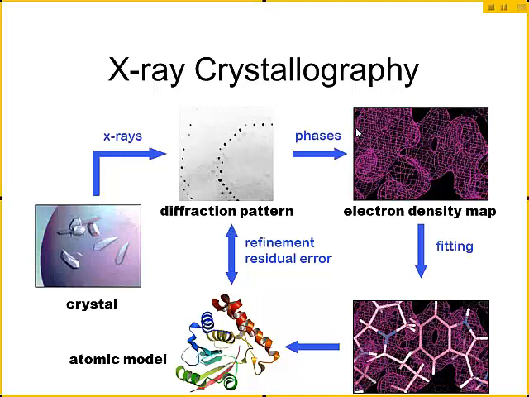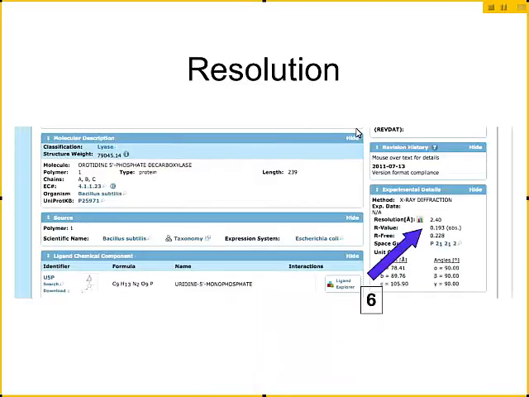And the error is what's left over. How much am I not fitting? So they minimize the difference between the predicted diffraction pattern and the experimental diffraction pattern during refinement. And then when they reach a plateau, they evaluate, is this reasonable for this resolution structure? And then when they're finalized, they submit the structure to the protein data bank.